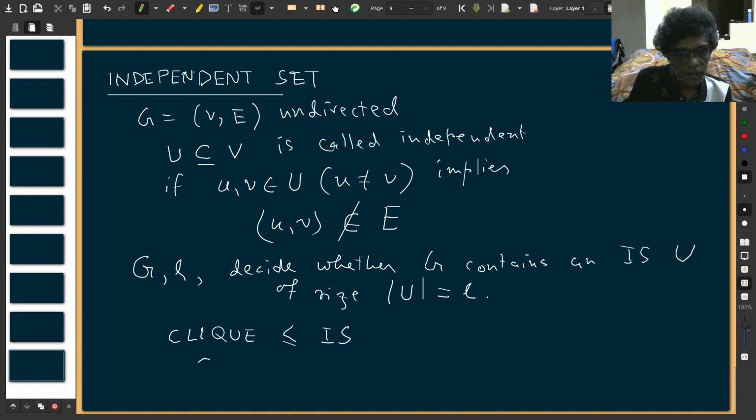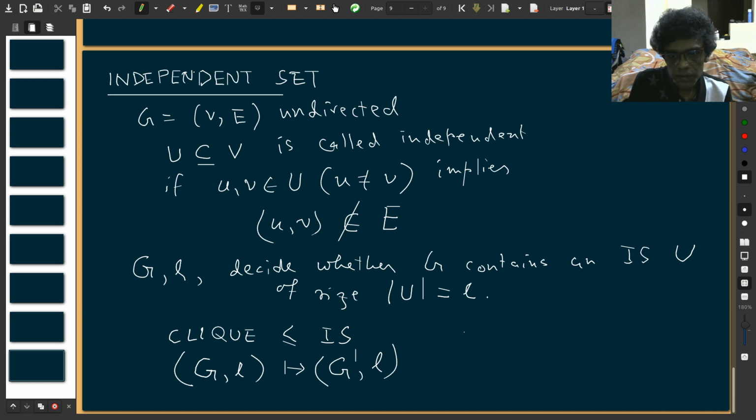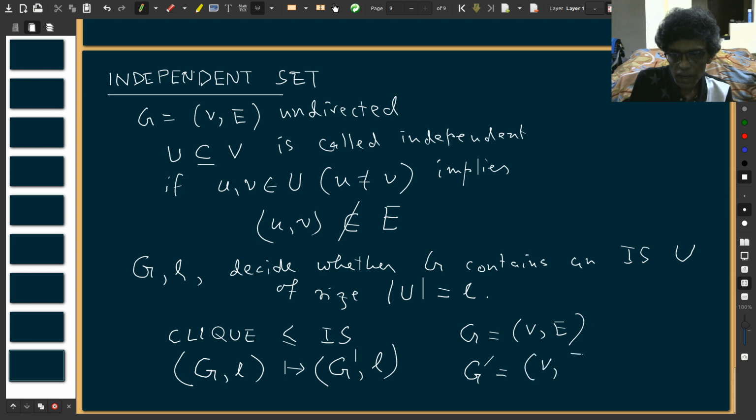Clique has G, whether G has a clique of size L. From this I will make a graph G prime, keep the same value of L, and this reduction is: if G is (V, E), G prime will keep the same vertex set and basically the complement of E.